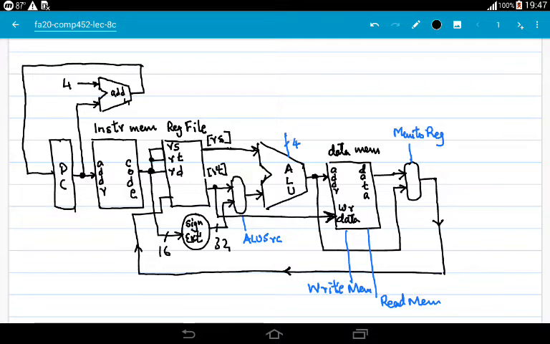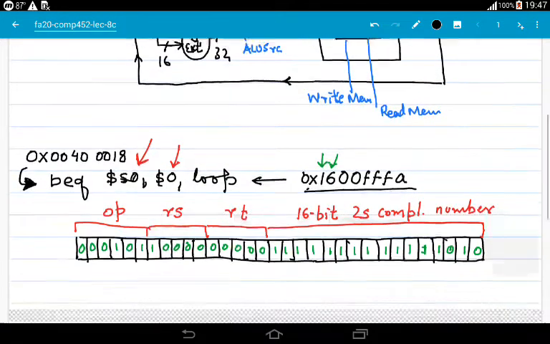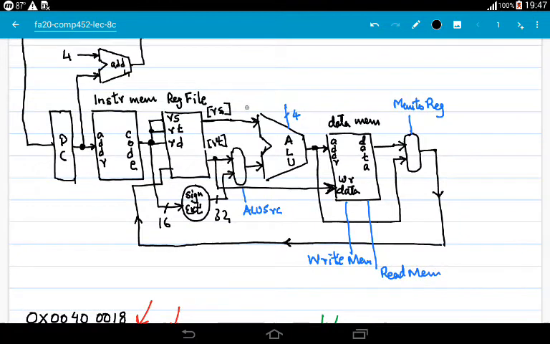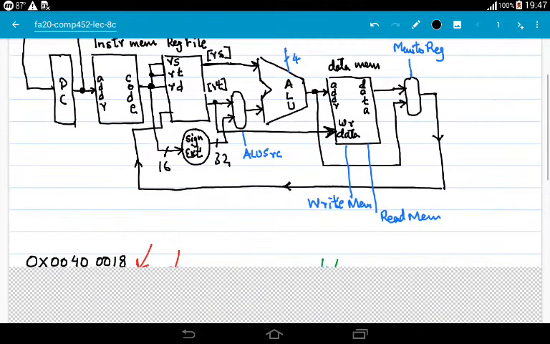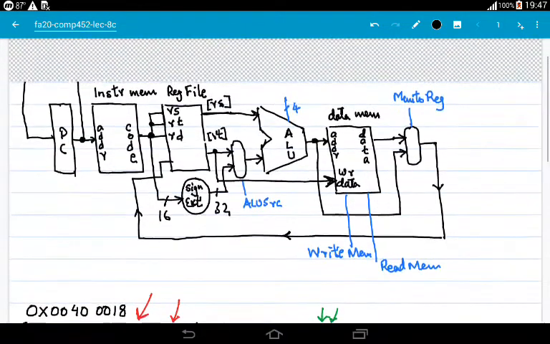Then these two values go to the two inputs of the ALU.